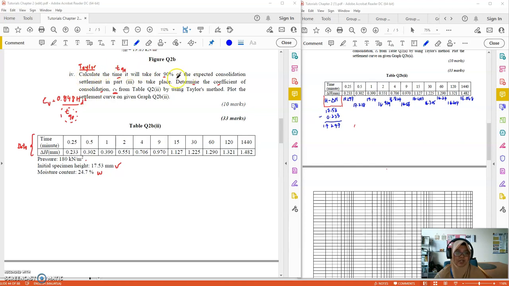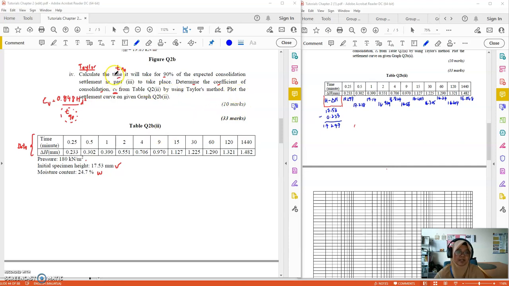The question: calculate the time that it will take for 90% of consolidation, and determine the coefficient C sub V based on the data given in the table Q2B2. Note that the marks are 10 marks.